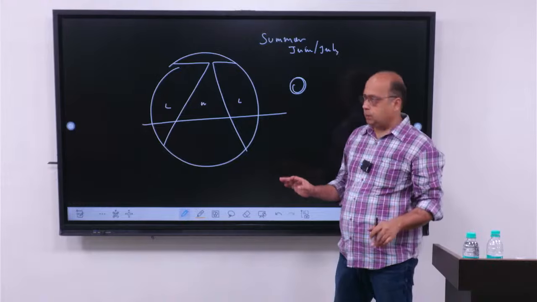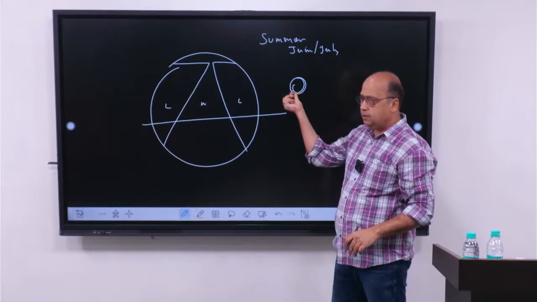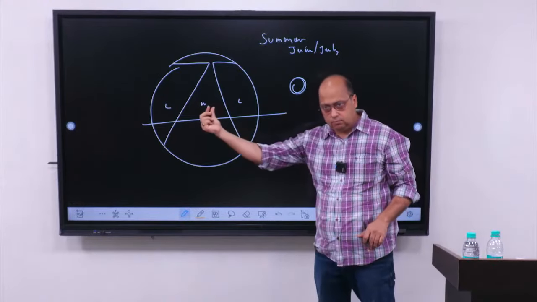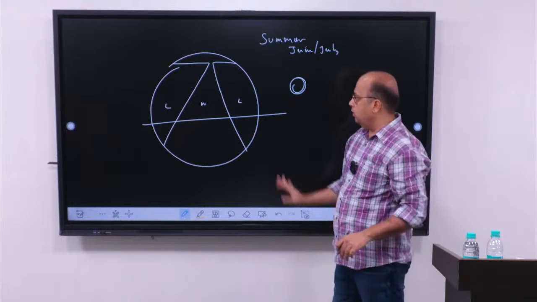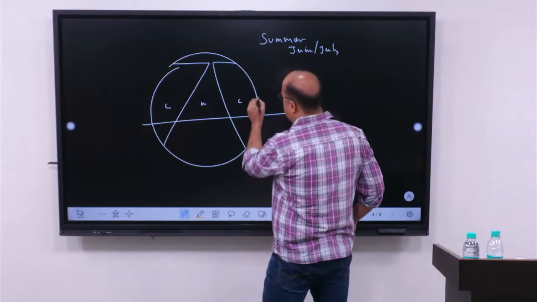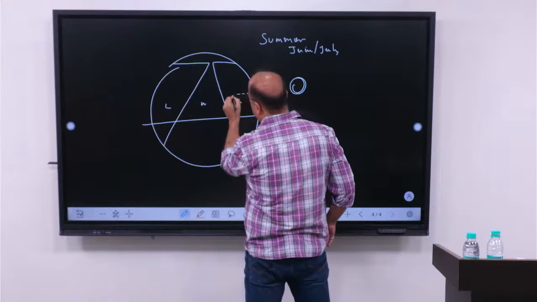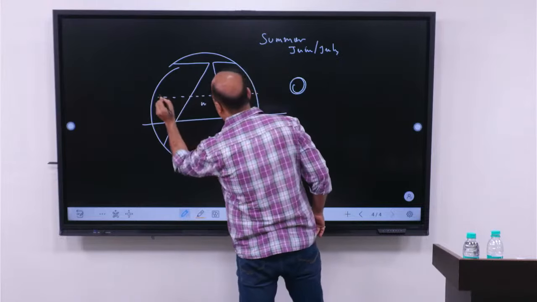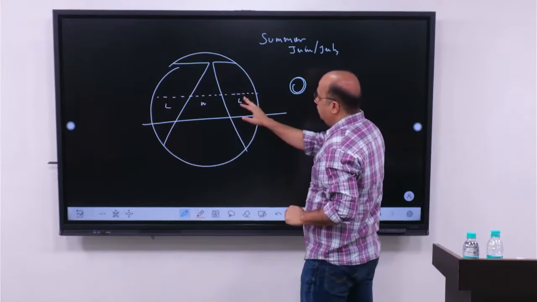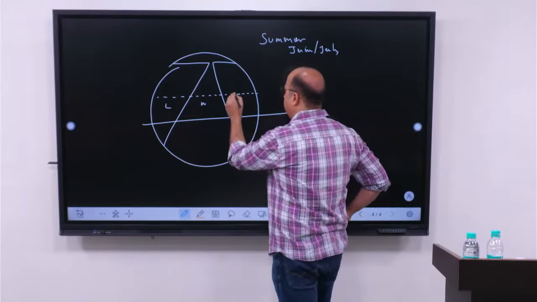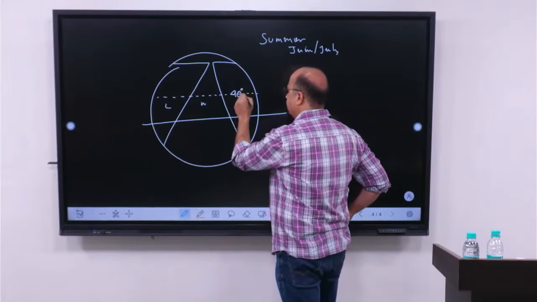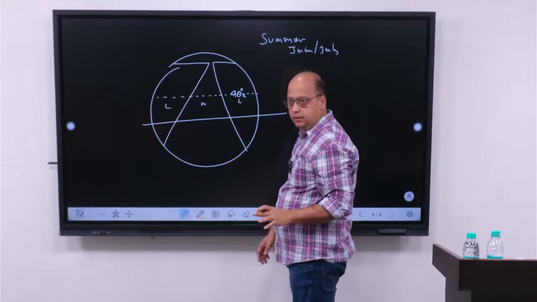Okay. So suppose the sun is there and throwing perpendicular rays. Let us assume this line represents the latitude. So what would be the temperature? Let us assume we have a 40-degree temperature here, 40 degrees centigrade.